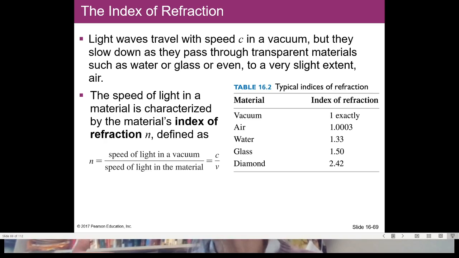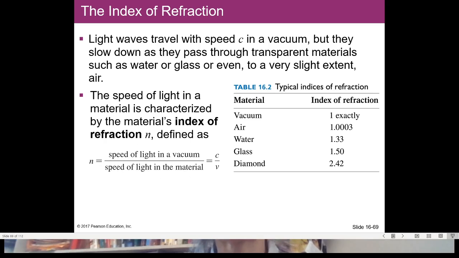So that's qualitatively why light on average goes slower in a material medium as opposed to in a vacuum, because it's getting passed from atom to atom. So we define the index of refraction, which is the speed of light in a vacuum divided by the average speed of light in the material.